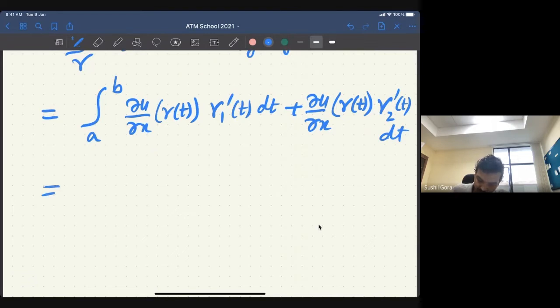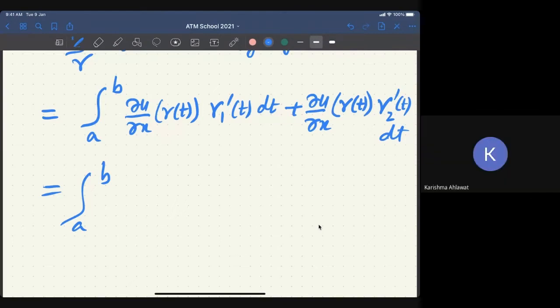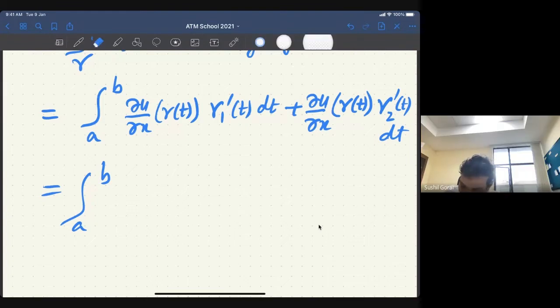So what does it mean? The second will be del u by del x or del u by del y? Oh, del u by del y, right? Mistake, yes, del u by del y. But what will it be then? Do you say chain rule?